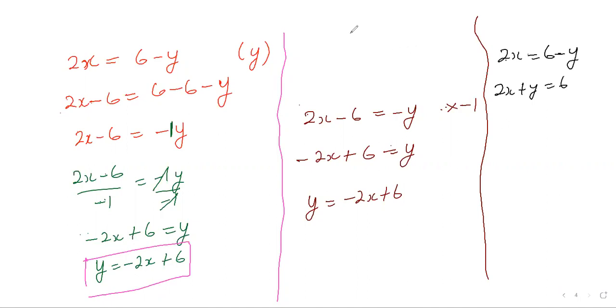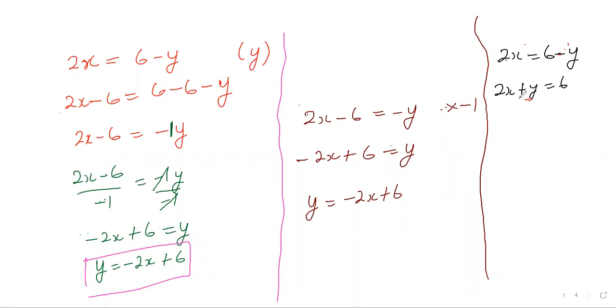I have 2x equal to 6 minus y, and if I write 2x plus y is equal to 6, am I wrong? Remember this is negative y. When I bring it here, it becomes positive y. You see that?